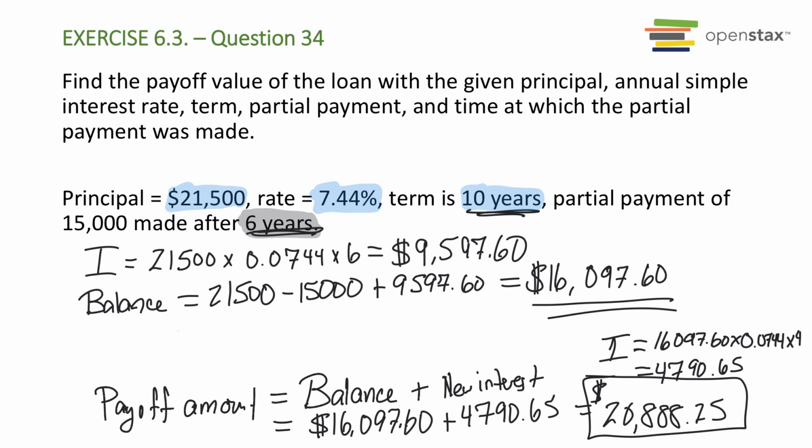And so as I said, as a precautionary tale, cars have a rate of about anywhere from 5 to 7%. They can be as high as 11%. And then car loan terms are usually 7 to 10 years.